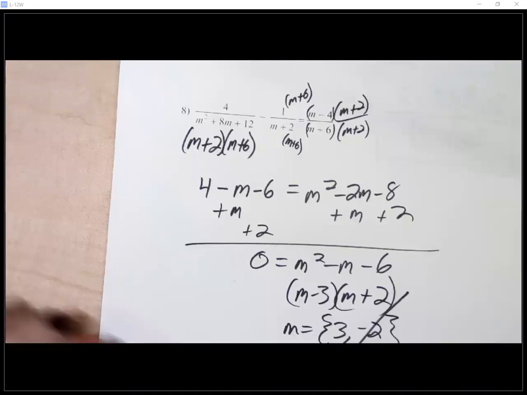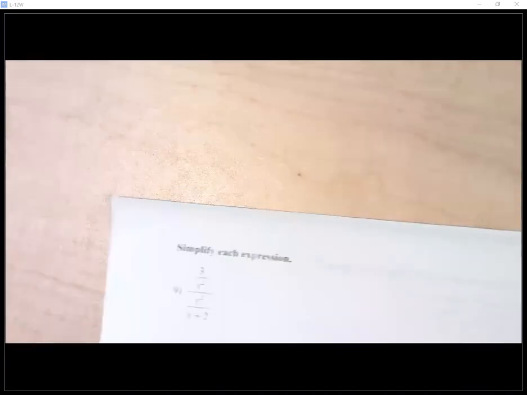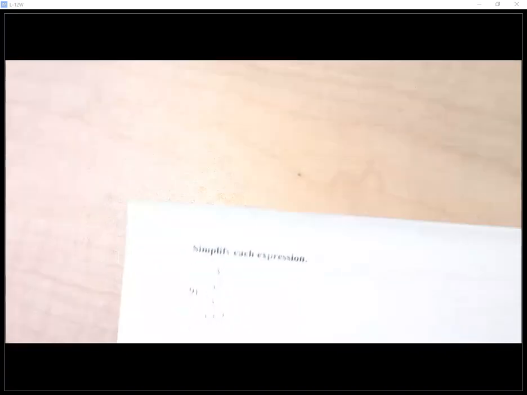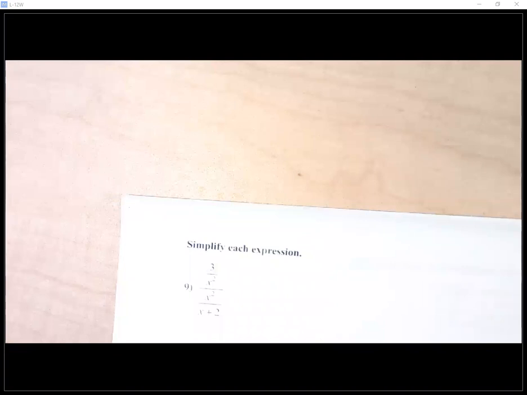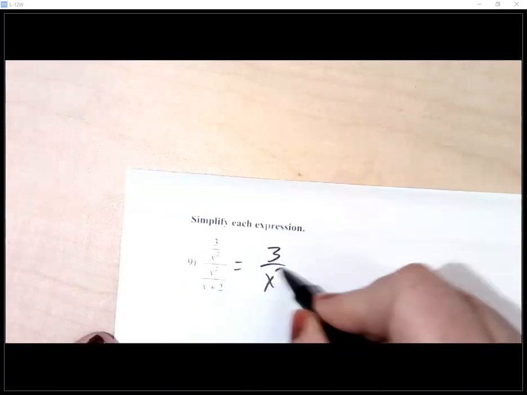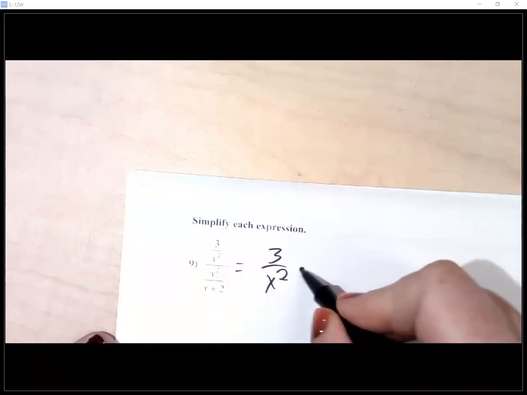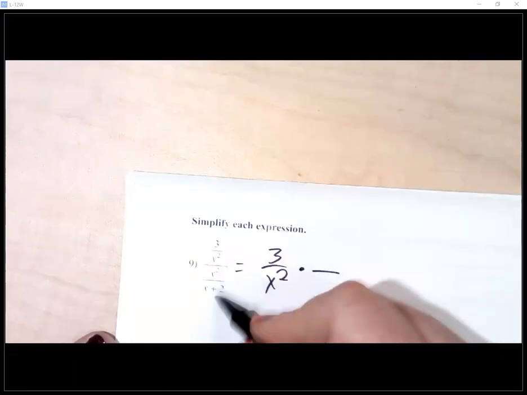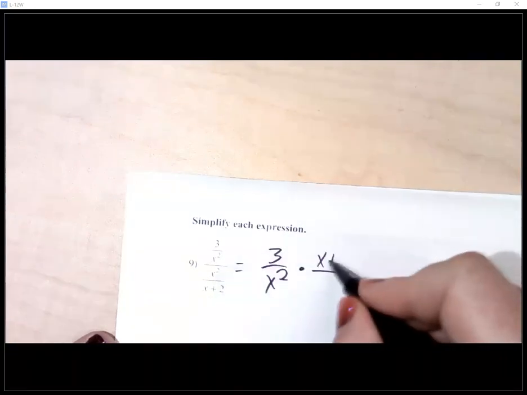All right. 9, ooh, complex fractions. If you have one fraction over one fraction, you're actually ready to just do keep, change, flip. So we keep the numerator as it is, 3 over x squared. We change the division bar to multiplication, and we flip the bottom fraction, x plus 2 over x squared.